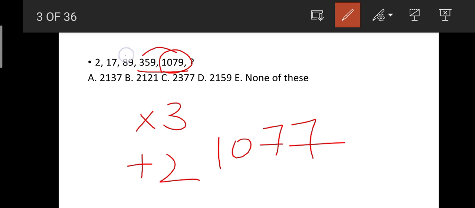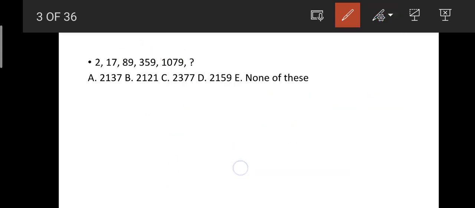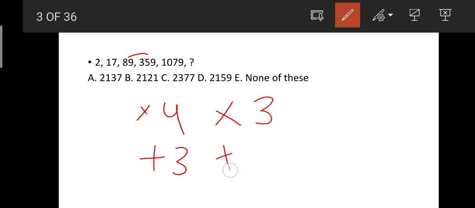So for 89 to become 359, it should be multiplied with 4, and next it should be added with 3. Okay, this is the sequence they are taking: into 4 plus 3 and then into 3 plus 2. And next to get our answer we should take into 2 plus 1.